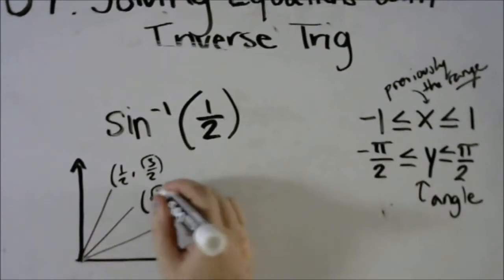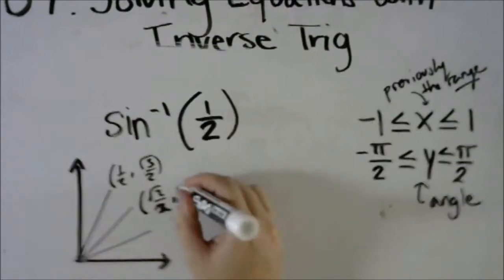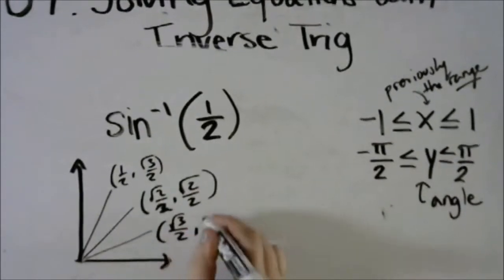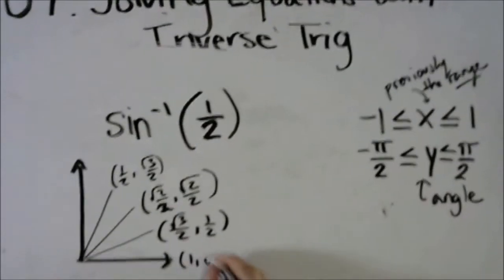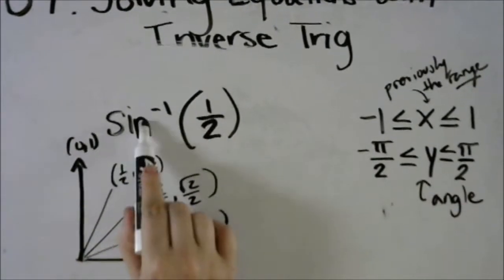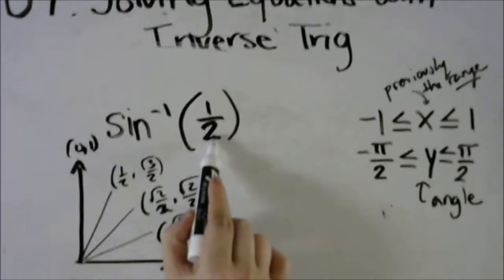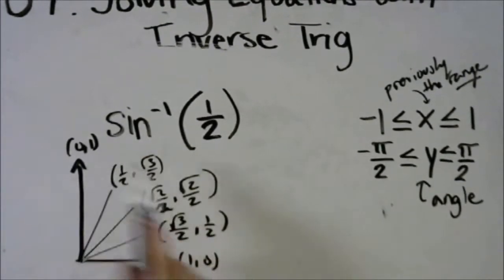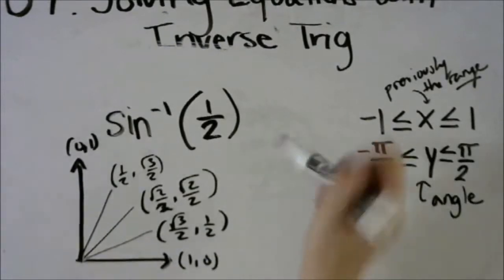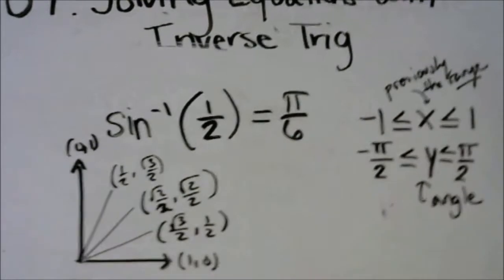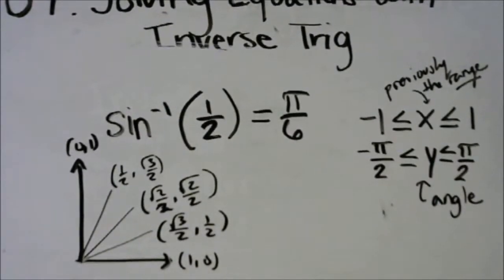So if you're looking at your unit circle, these are the 3 values, as well as 1, 0, and 0, 1. So we're looking for the angle for which sine is 1/2. Which angle in quadrant 1 is the sine 1/2? The answer is pi over 6.